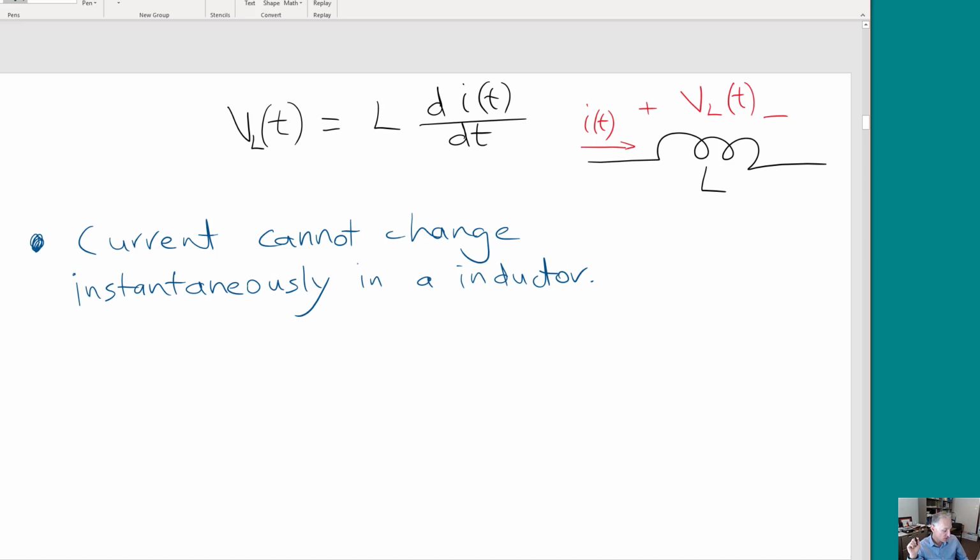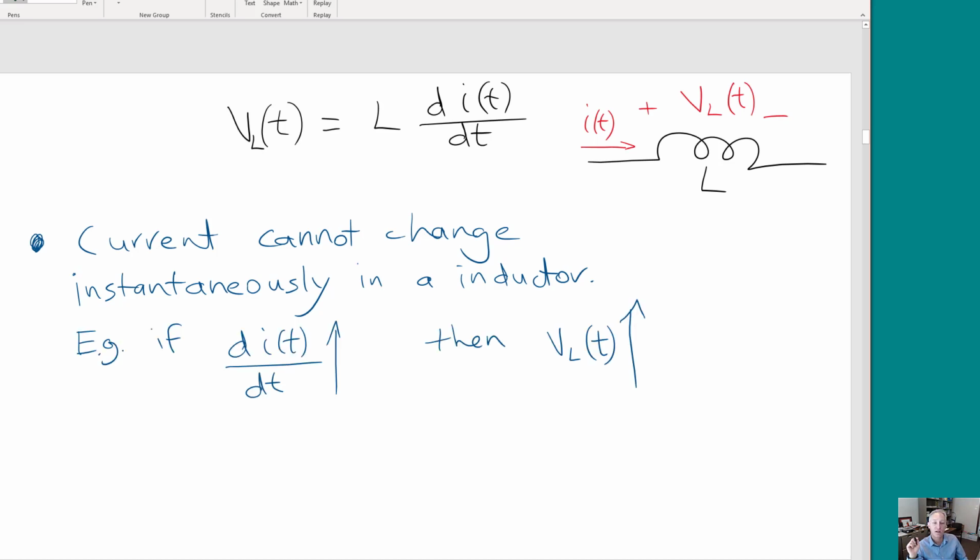Imagine if our current was changing instantaneously, say going from 2 amps and stepping up to 10 amps instantly. Or, more realistically, say we had 5 amps flowing through the inductor, and then we open the circuit to break the circuit.